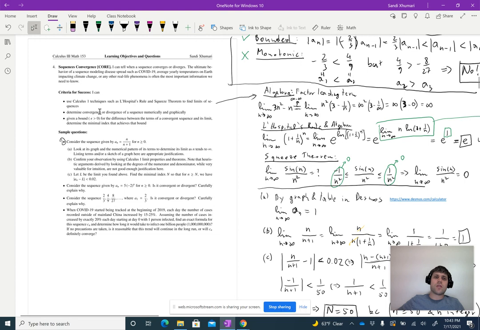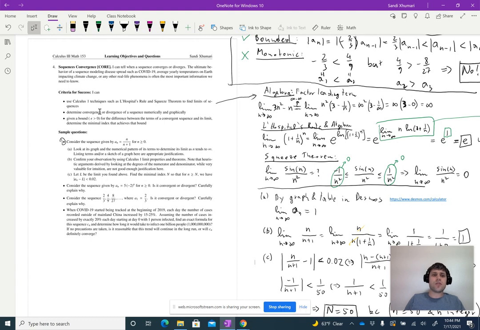Sequence convergence is useful in practice when you're deciding what's going to happen to a model of something in the real world, for example, in the long term. Oftentimes, you set up some sort of model and then you let it run, like a computer simulation or some game that you're playing, and you want to figure out what's going to happen at the end.